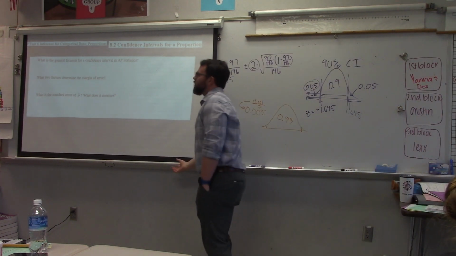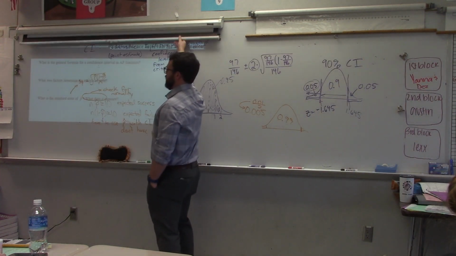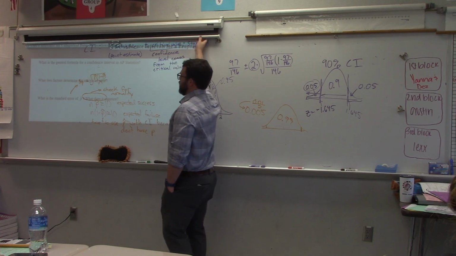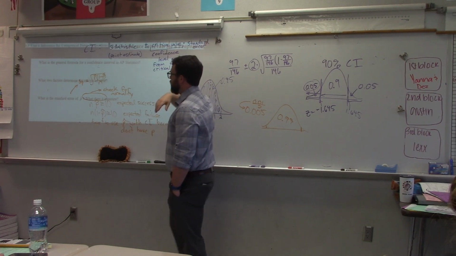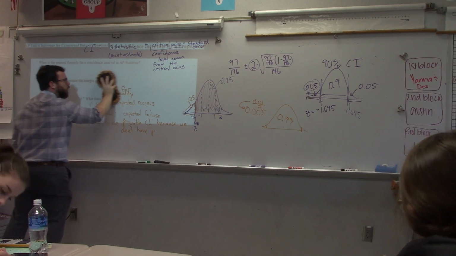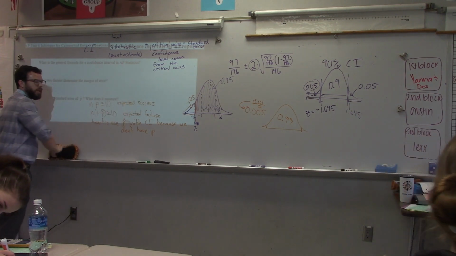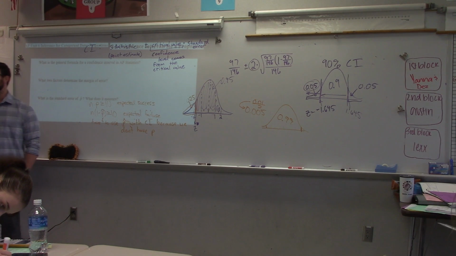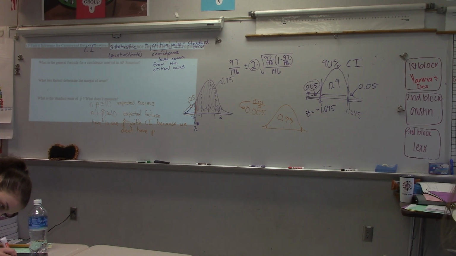So we now have it. What 2 factors determine the margin of error? Sample proportion and critical value. So it's not the sample proportion. Think about that again. The sample proportion is involved in the standard error and the critical value, right? What 2 factors?